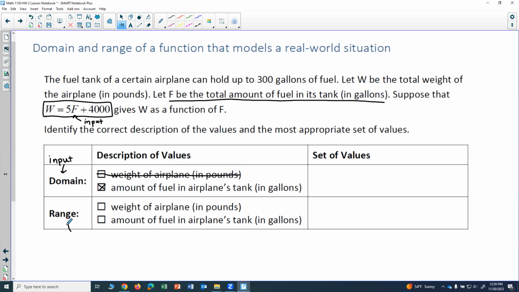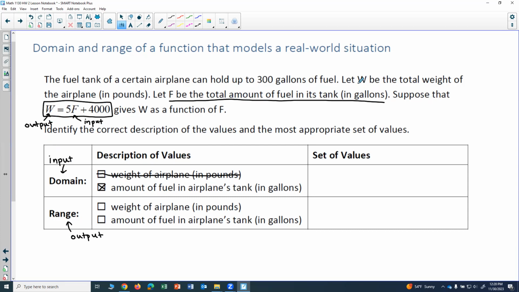Now the range is the output, or the result of the equation. And if we look at the way the equation is set up, it's W equals 5F plus 4,000. And so the W is going to be the output.